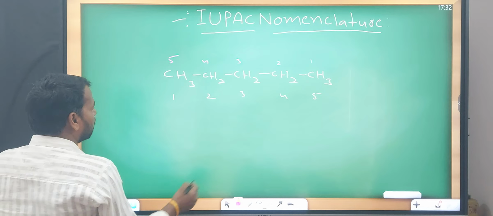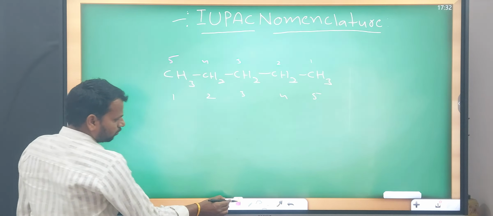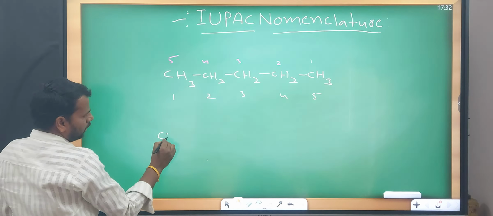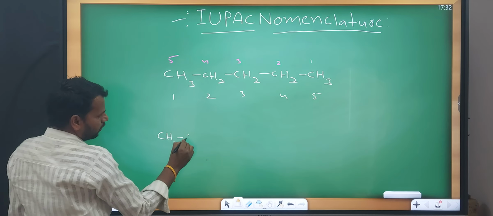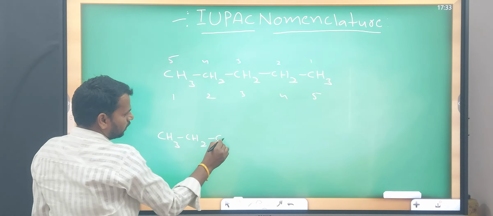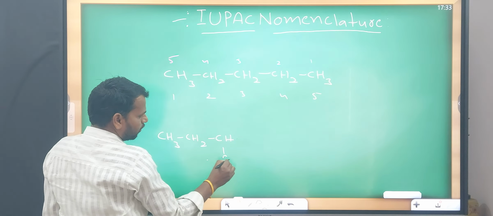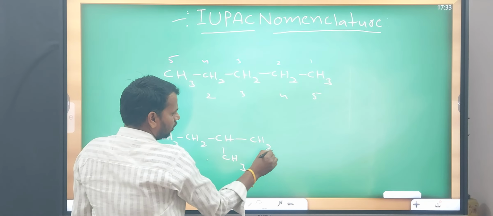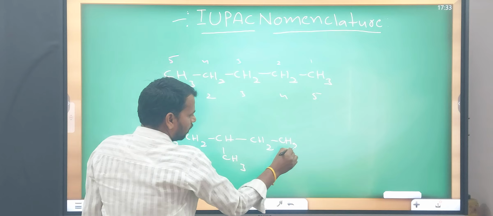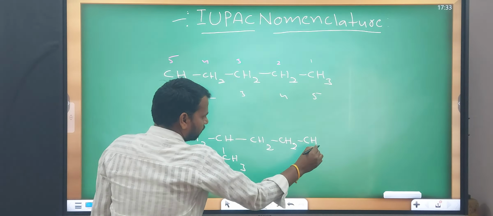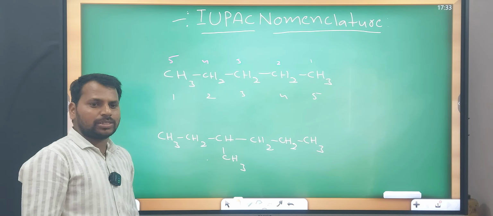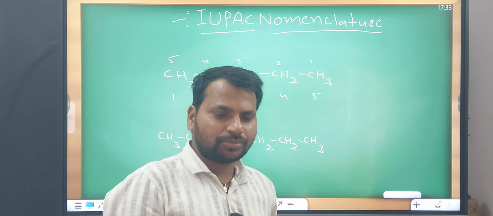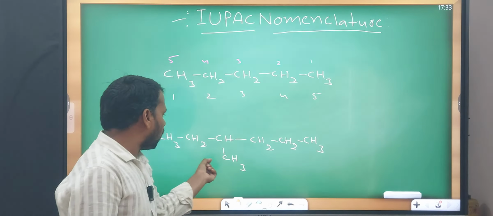Suppose any substitutions are present: CH3, CH2, CH, here some substitution is present, CH3, here CH2, here CH2, next here CH3 is present. If substitution is present, we number the carbon chain so that the substitution gets the least numbering.